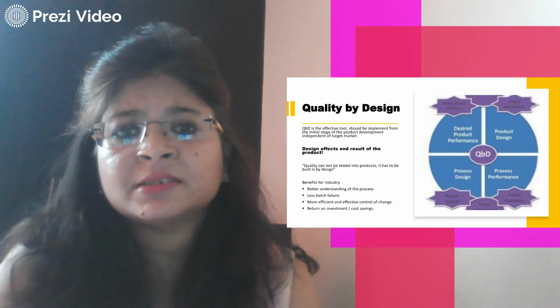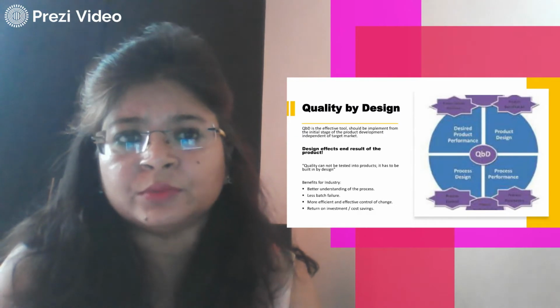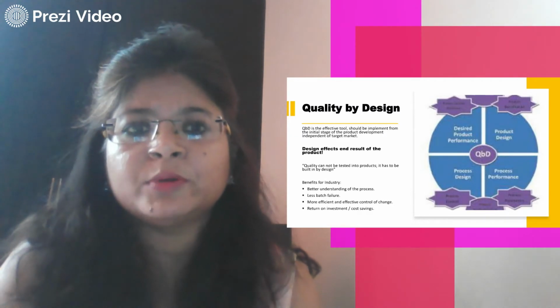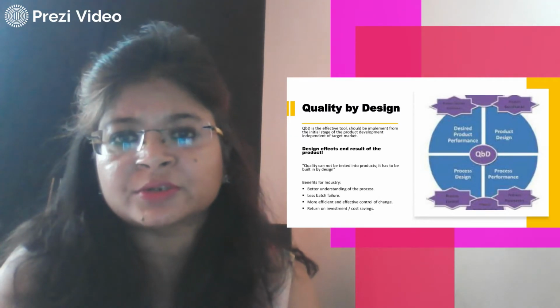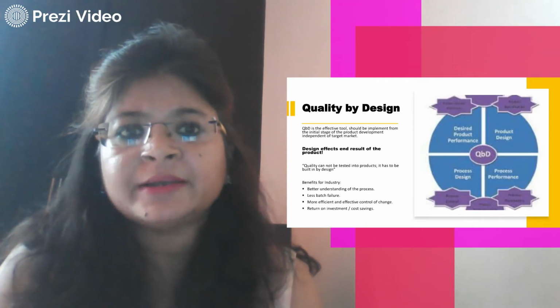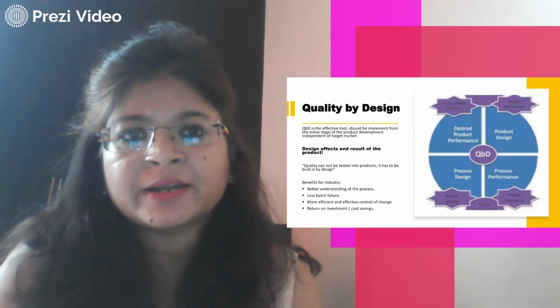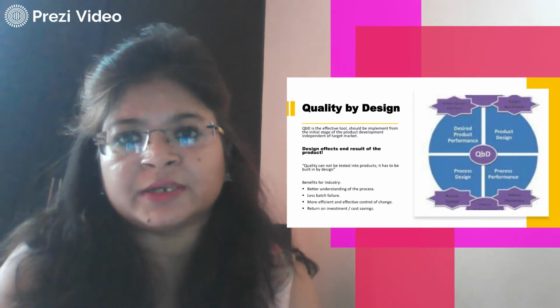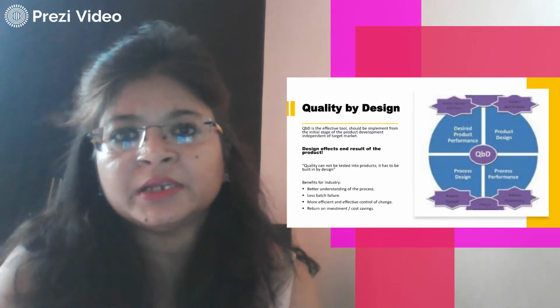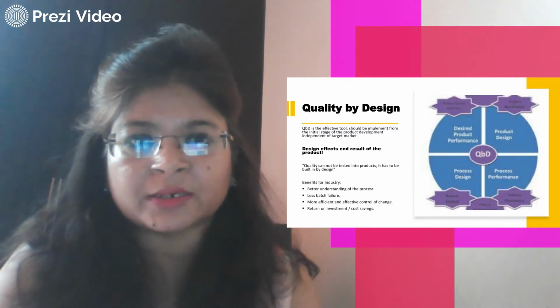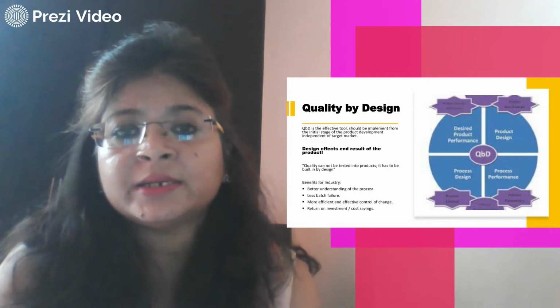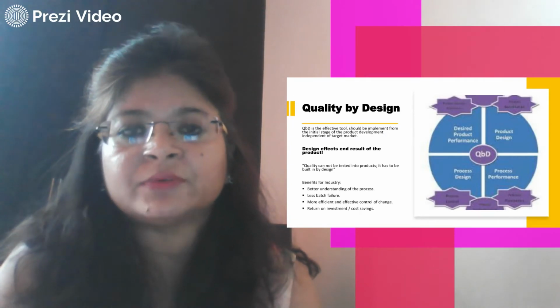So QbD is altogether an effective tool which focuses on implementation from the initial stages of product development, and it also has a large number of benefits for the industry. It focuses from the initial designing point to the end product and believes that quality is one of the most important parameters for any product.